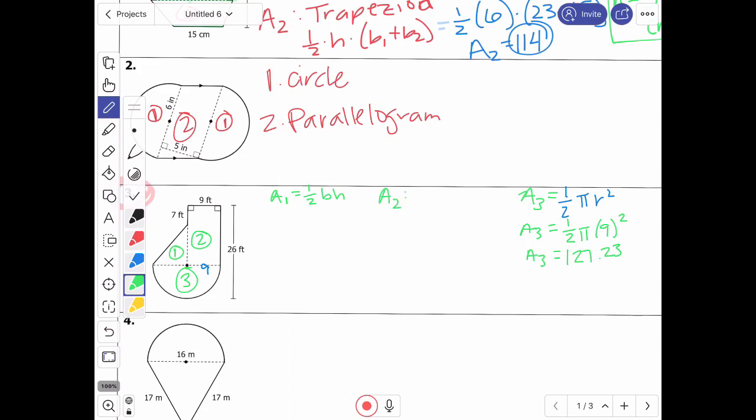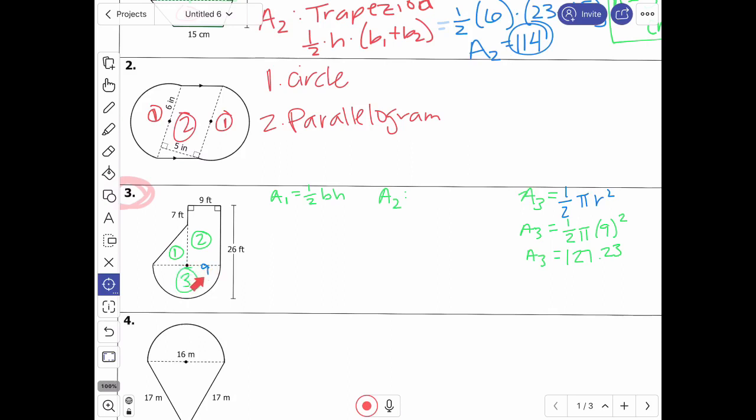For area 2, I'm going to do area 2 next. I know one of my lengths, this is a rectangle obviously, one of my lengths would be 9 feet, and then I'm not quite sure about this entire thing. But what I do know is that this entire figure is 26 feet long. So really I just have to subtract whatever height this circle is. So I do know that the radius of the circle is 9.